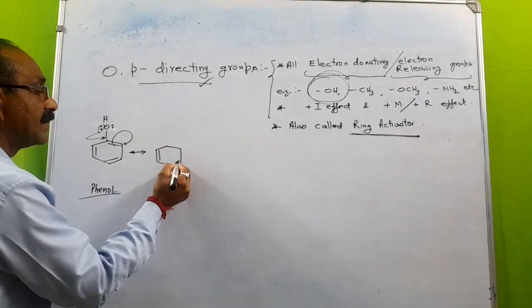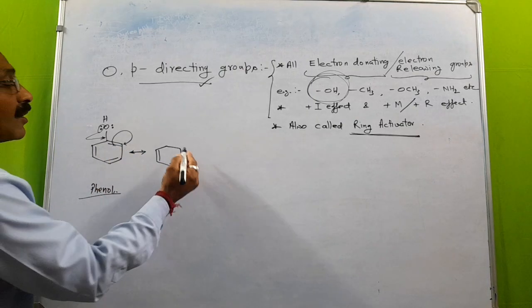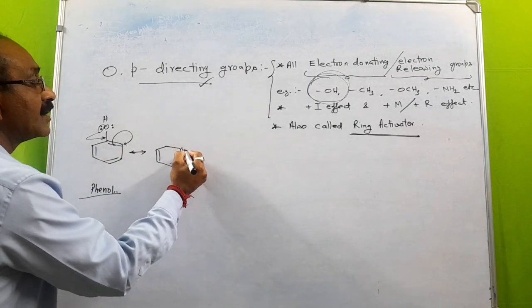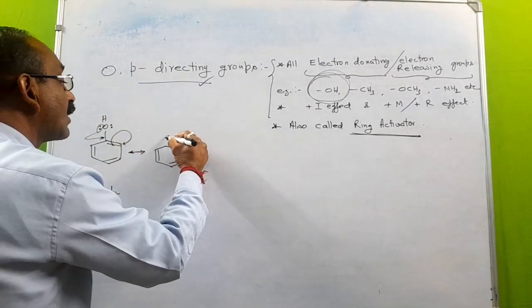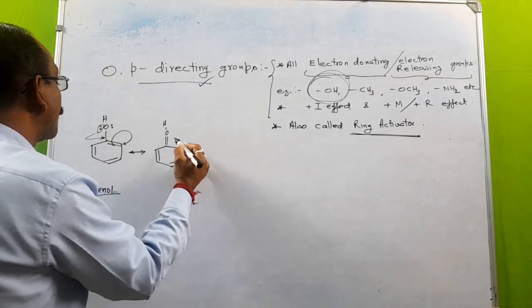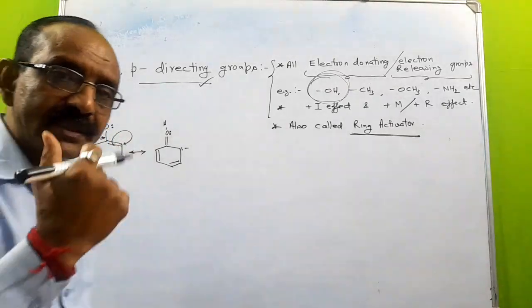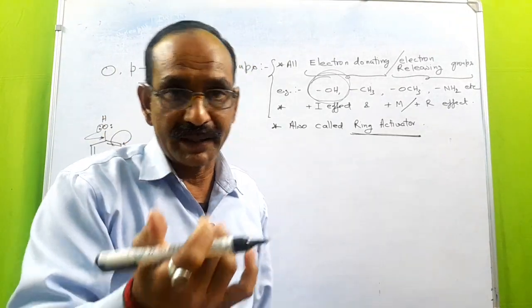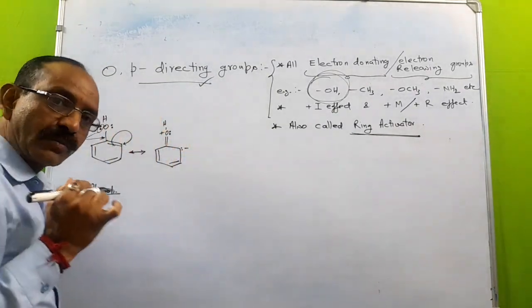Here these two double bonds remain as such. As the pi electrons of this bond shift over this carbon, it will become electron rich with a negative charge. Now here, in between the ring and oxygen, a double bond will arise. As oxygen has donated its electron pair, it will become electron deficient and there will be a positive charge over it.